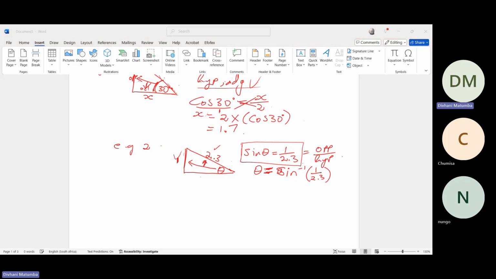It's called the arc tan. You have to use the arc tan button on your calculator, and you must make sure that your calculator is in deg or degree. You must set it to degrees.